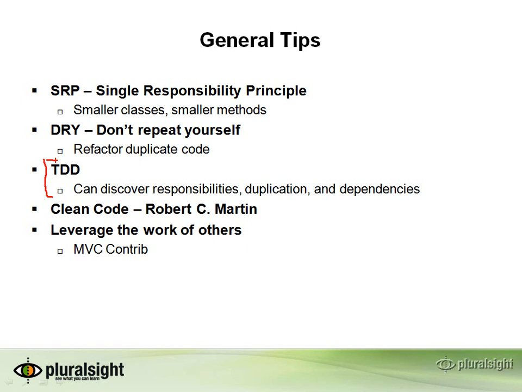I'm writing tests for this and this and this and this. For instance, the action method that we looked at earlier, we'd have to write tests that make sure that it sets the authorization cookie, and it redirects the user, and it validates the model. Just looking through that list of tests, we could say, maybe this action method is doing too much. It's going to be hard to maintain in the future.